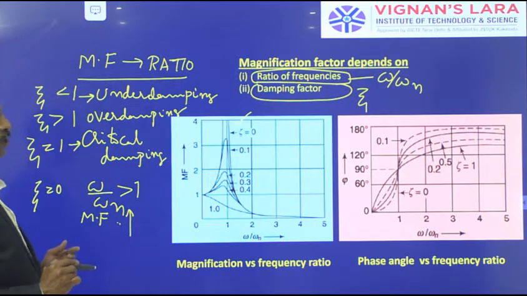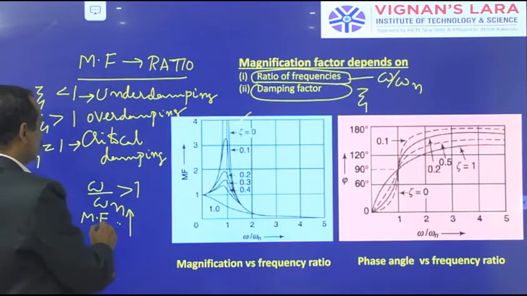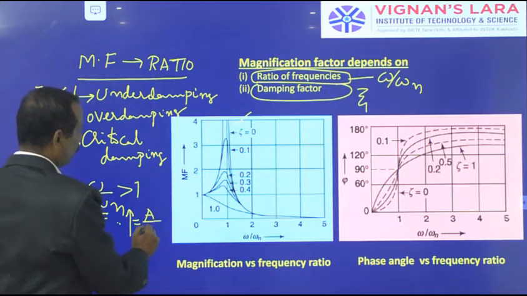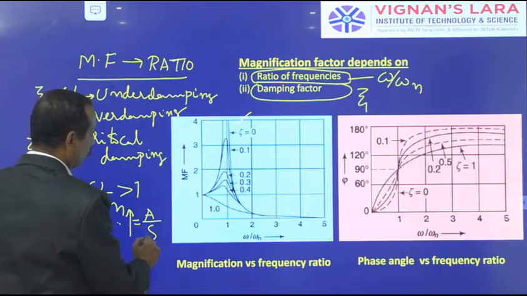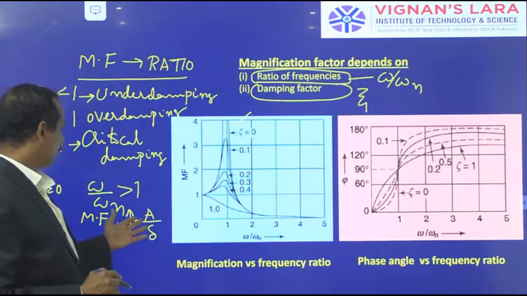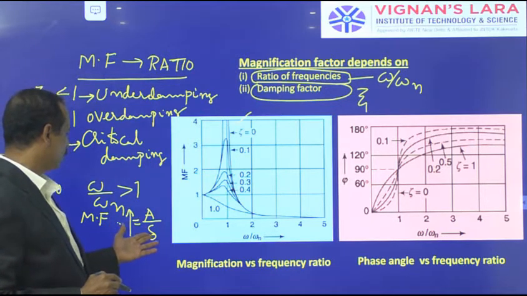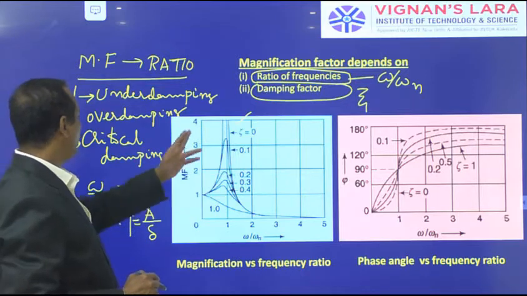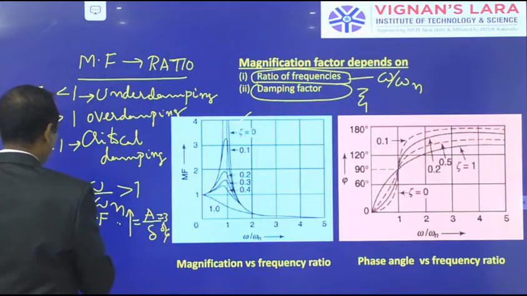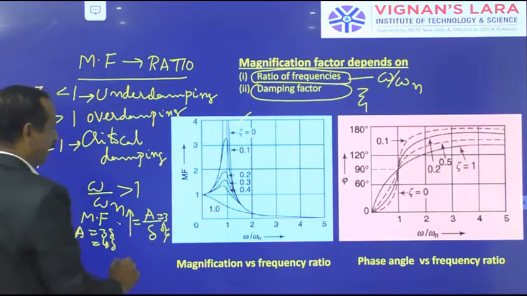So what is magnification factor? Just now we defined it. It is the ratio of the amplitude of the vibration to the deflection if you apply the same force statically, so I can write it as A by delta. So amplitude of vibration is A, and static deflection is delta. If you look at a larger value, say 3 or 4, that means A is equal to 3 times delta or 4 times delta.